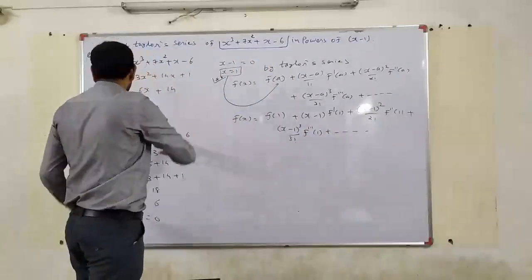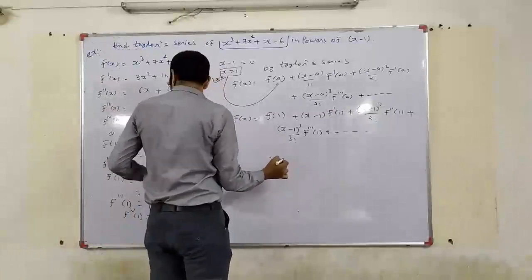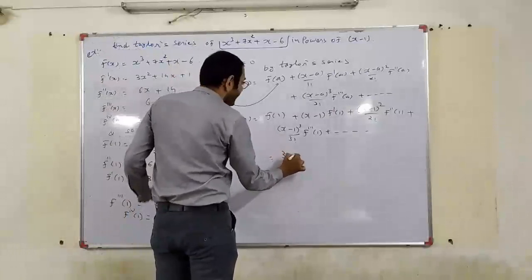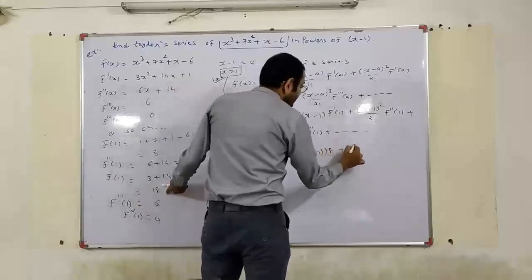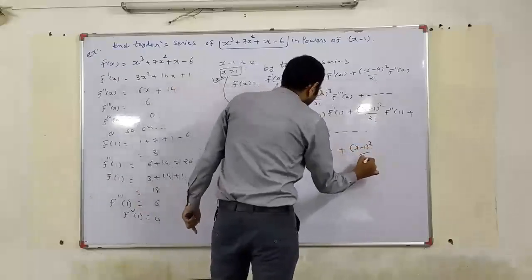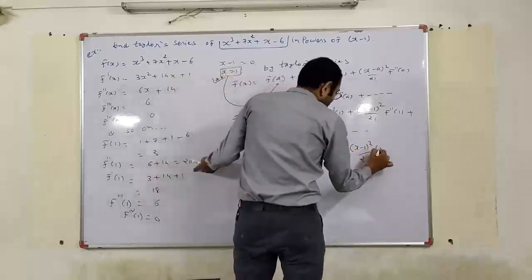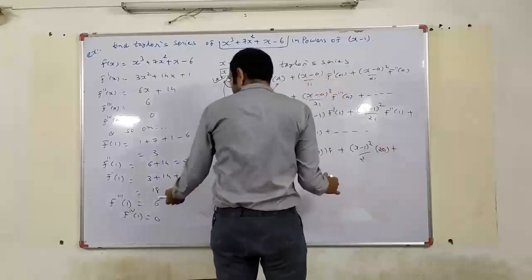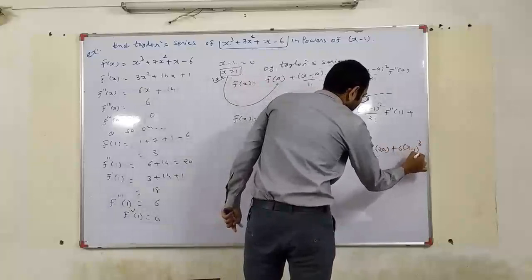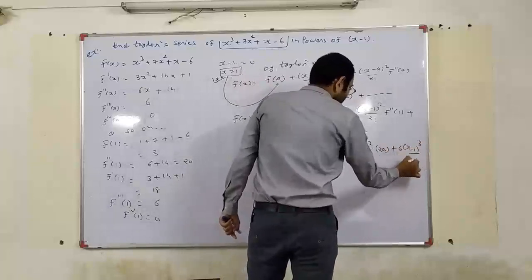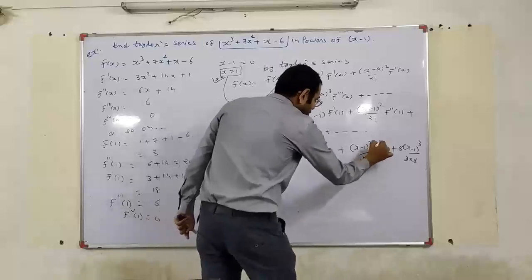Now substitute these values in this equation. f of 1 is 3, plus x minus 1 times f dash of 1, that is 18, plus x minus 1 whole square divided by 2 factorial, that is 2, times f double dash, that is 20, plus the third derivative, that is 6, times x minus 1 raised to 3 by 3 into 2, this one is cancelled out, and the fourth derivative is 0.